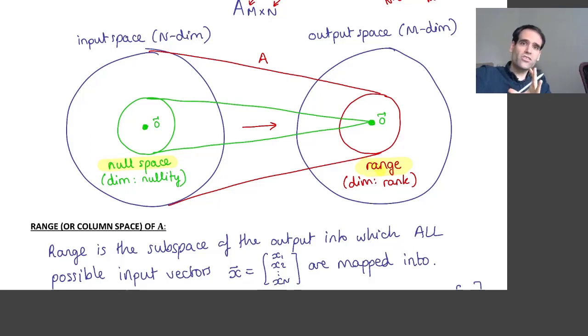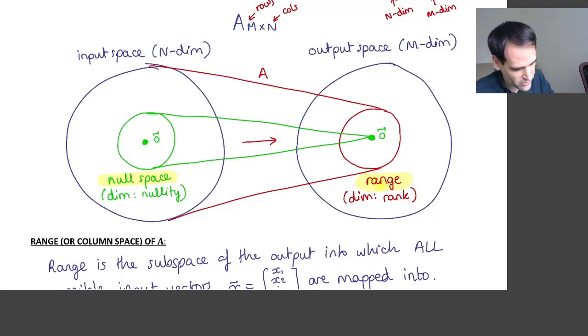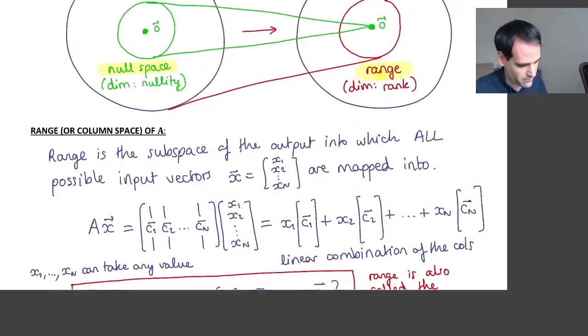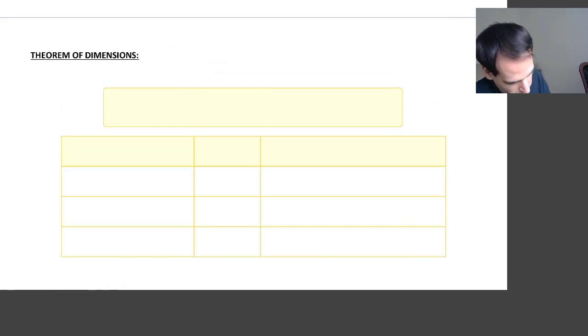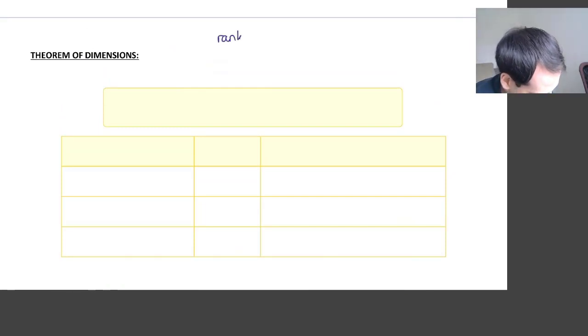Or if the transformation is squashing things, we are reducing the number of dimensions, yeah? So the dimension of this space here must be smaller than or equal to the dimension of the input space. So let's write that here. Rank should be smaller than or equal to n.